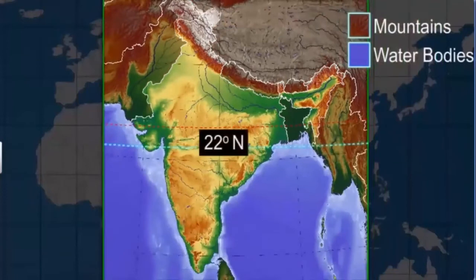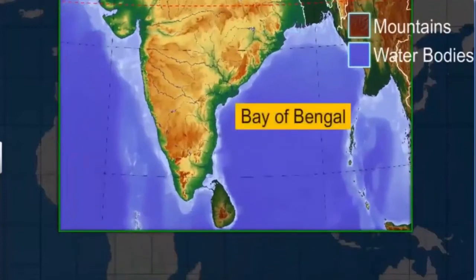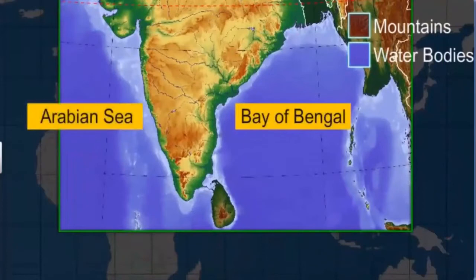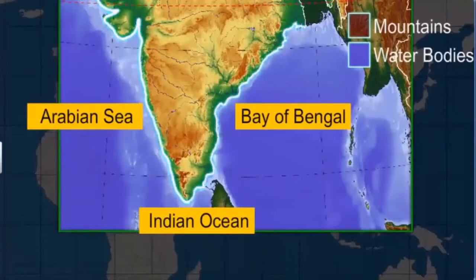Starting from 22 degrees north latitude, down towards the south, India is bordered by the Bay of Bengal in the east, the Arabian Sea in the west, and the Indian Ocean in the south. In fact, the tapered shape of southern India divides the Indian Ocean into the Arabian Sea and Bay of Bengal.